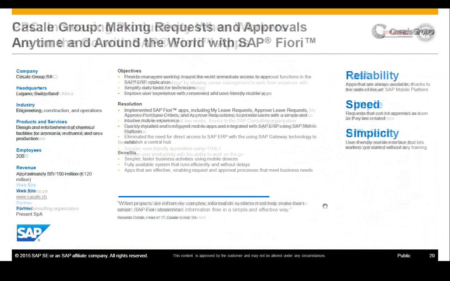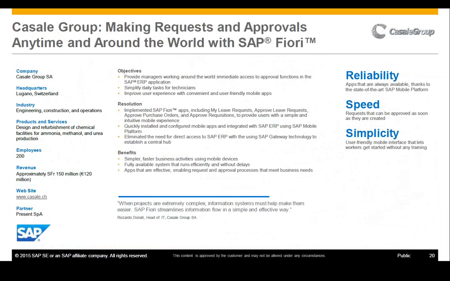IT head. Another example, a company in Lugano, Switzerland, CSAIL, over 200 employees. They're not very large companies, by the way. What are the objective, resolution, benefits? Simpler, faster business activity using mobile devices.